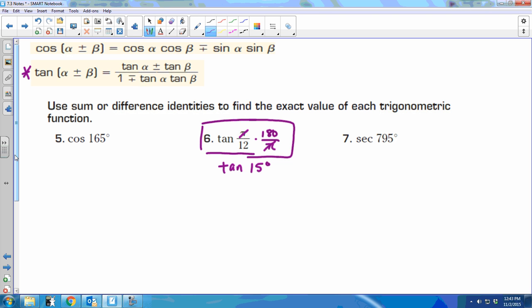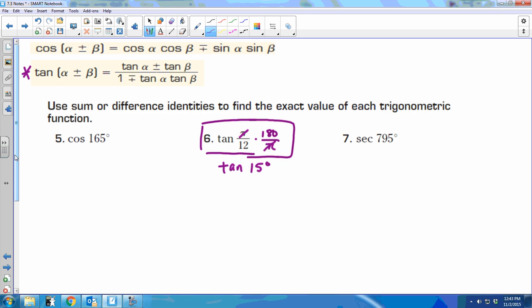Now here there are multiple answers, several possibilities. Doesn't matter. We're only going to do it one way here, but there are several ways you could have gotten to the answer on this one. So you can't add anything to get 15. That's not going to work. Okay? So I need two angles you can subtract to get 15 degrees.